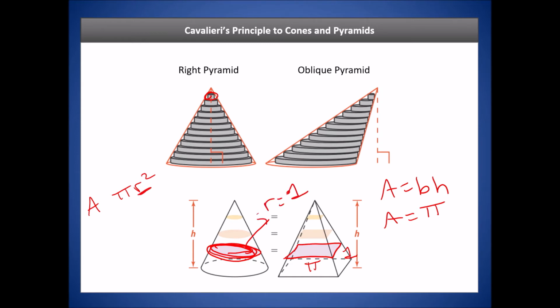So then pi r squared would also be pi, right? So in that case, the area of the circle is the same as the area of the rectangle, and therefore Cavalieri's Principle would apply here, and the volumes will be the same, assuming that they have the same height. So Cavalieri's Principle applies to different cross-sectional shapes as well, as long as they have the same area.